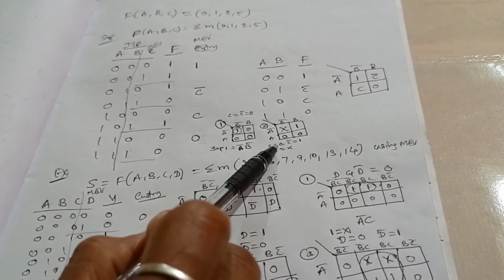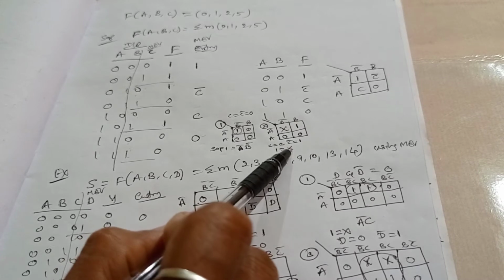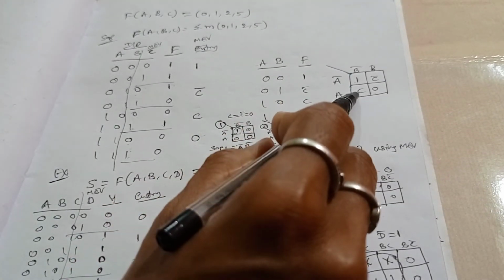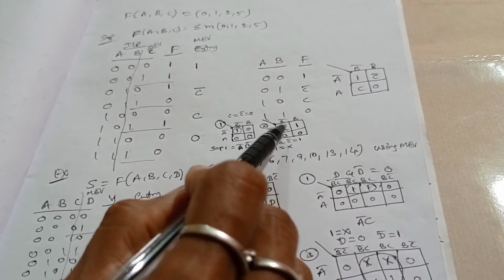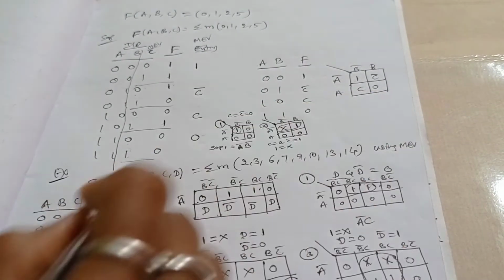Now we'll see, that is, C is equal to 0, C bar becomes 1 and replace 1 with don't care. So here 1 replaced with don't care and C becomes 0, then C bar is 1. Place this and make a pair. These two become a pair.